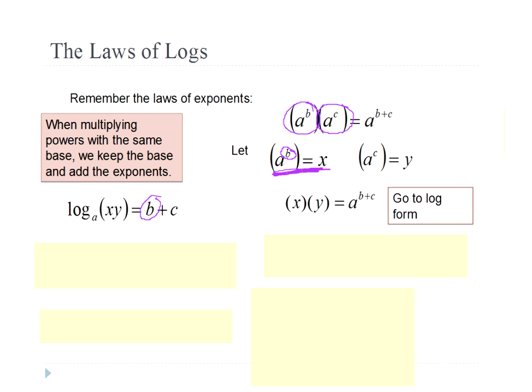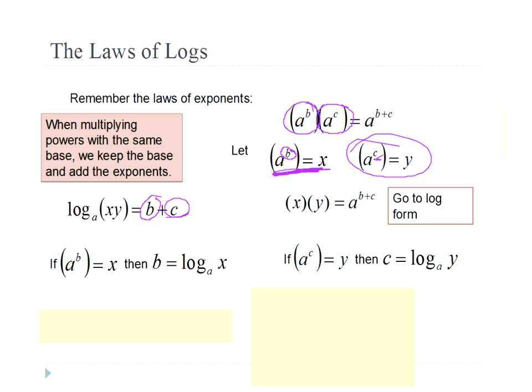So if I take this and put that into log form, I get an equation for b. And the same goes for c. c's right here. So let's take this and put it into log form. So what we can now say is that this left-hand side, log to base a of xy, is equal to b plus c.